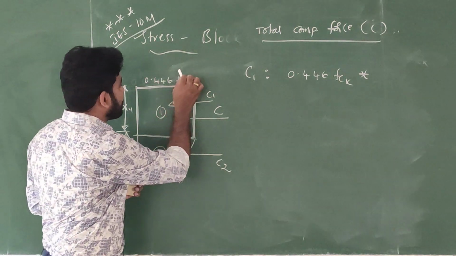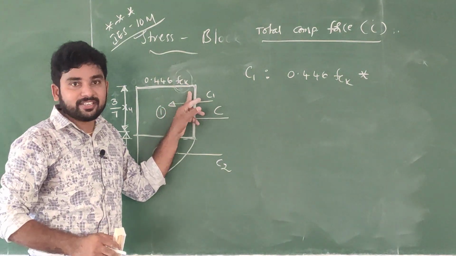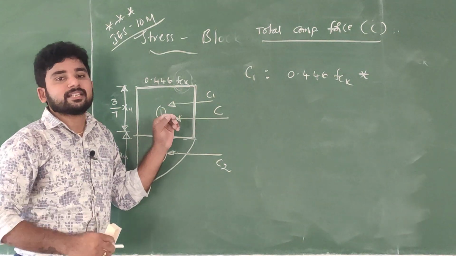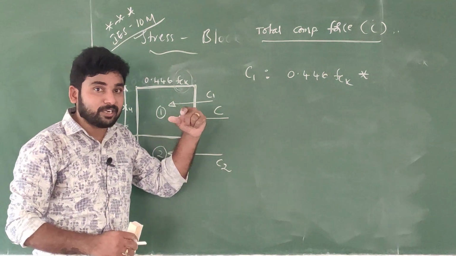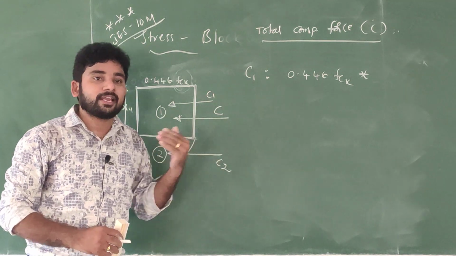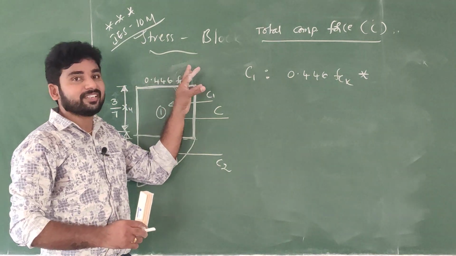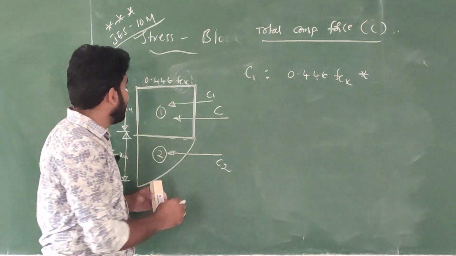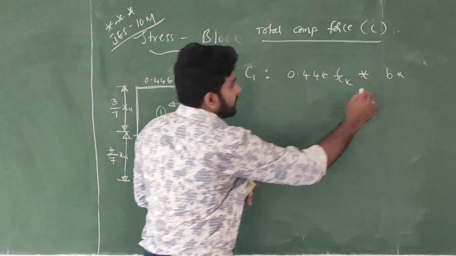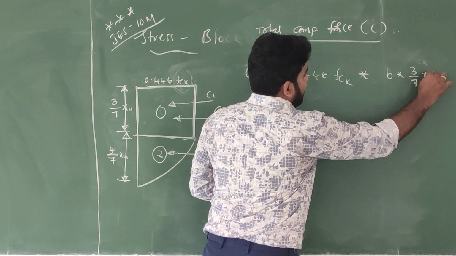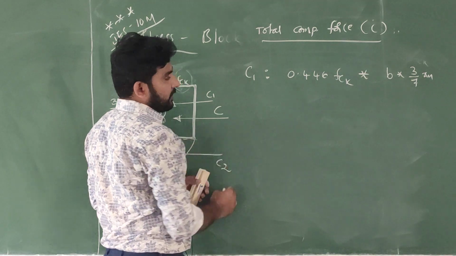How can we say this is a stress? Based on the units: FCK is the characteristic compressive strength of the concrete, and the units of strength are Newton per mm square. So we need the width. What width should we use? The beam width, B. So B into the depth, 3/7 XU for the rectangular block. Just simplify.